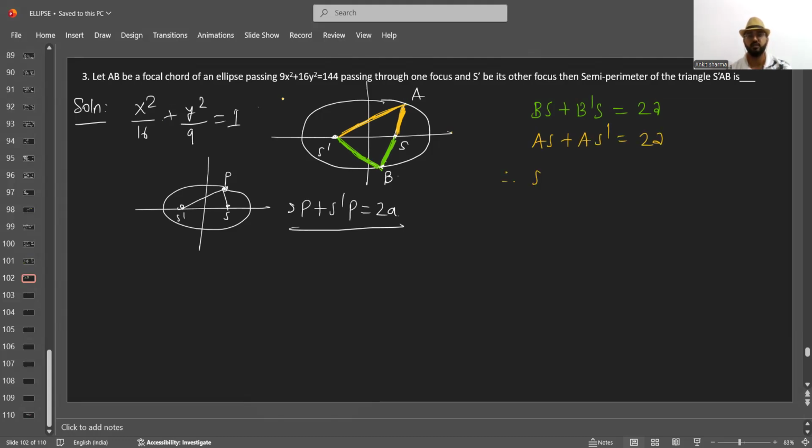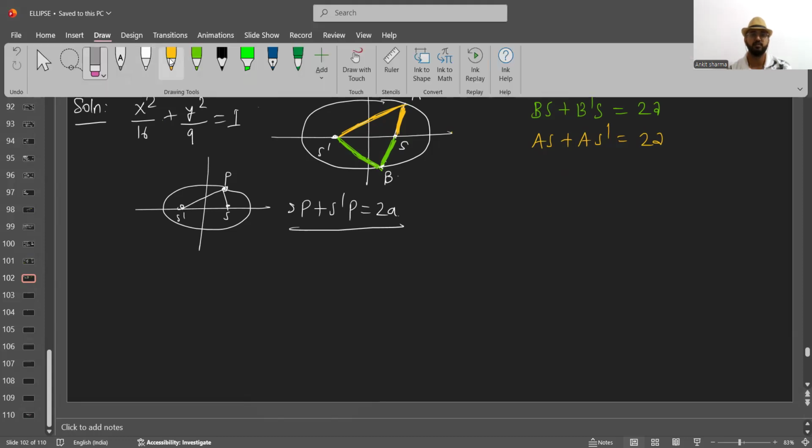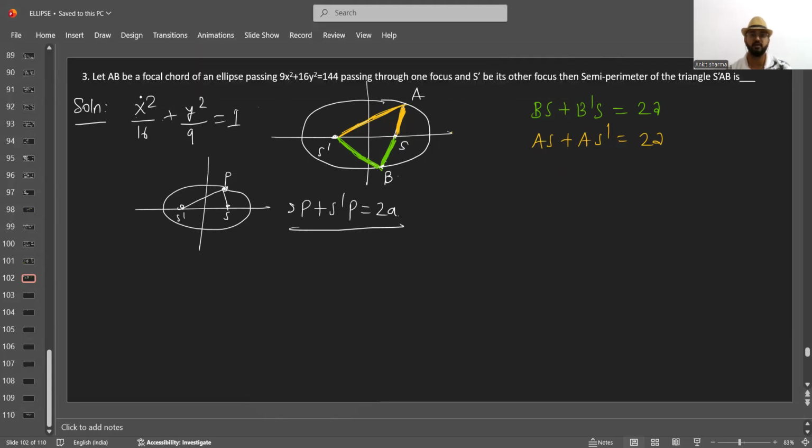So that means the semi-perimeter would be, first let's find the perimeter. We can take care of the semi thing later on. So the perimeter would be simply the addition of yellow and green, which is 4a in this case. So the semi-perimeter would be 2a.